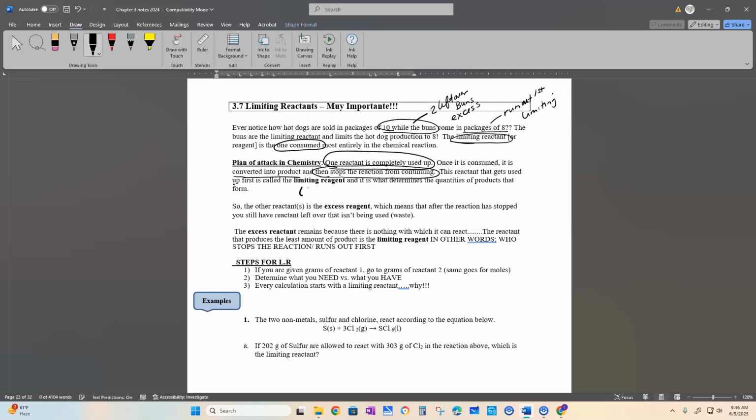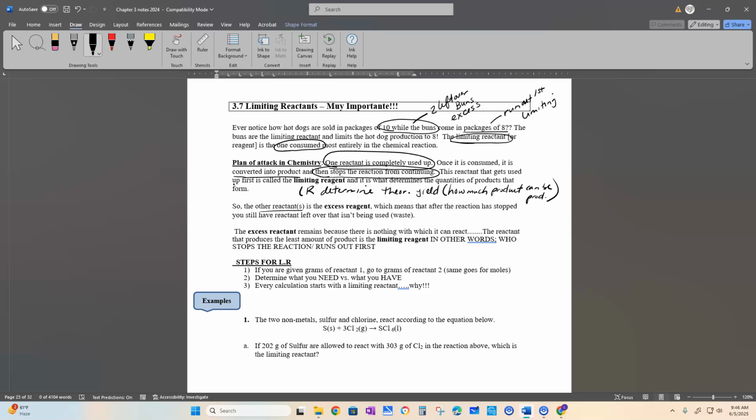So the limiting reactant will determine, theoretically, what we call the theoretical yield, basically how much product can be produced. And remember, this would be like 0 error in any type of lab experiment.